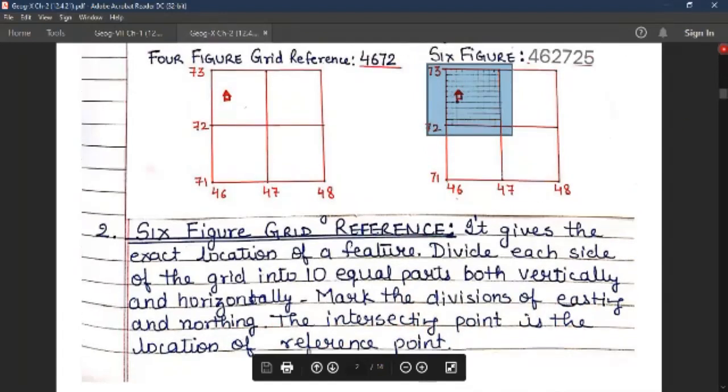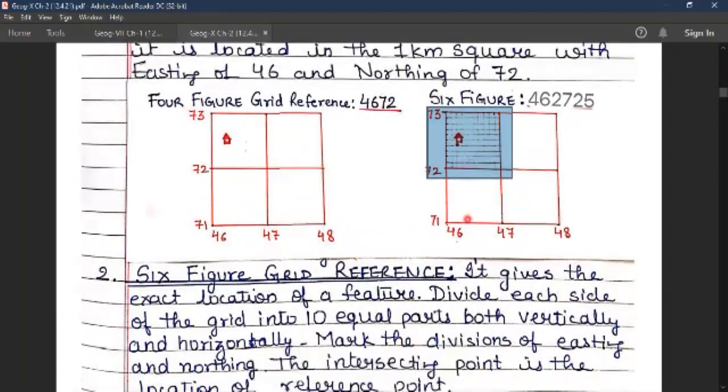As you can notice here, in this particular grid, the first two values will be the eastings, like 46. Then we are going to count towards the east these divisions which have been made. So as you can notice, 1, 2. This particular temple lies at the second division of the grid. So 4, 6, 2. Then we mention the northing value as 72.